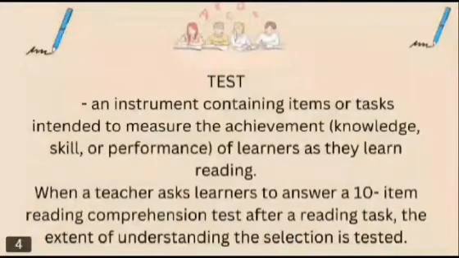Test: an instrument containing items or tasks intended to measure the achievement, knowledge, skill, or performance of learners as they learn reading. When a teacher asks learners to answer a 10-item reading comprehension test after a reading text, the extent of understanding of the selection is tested.